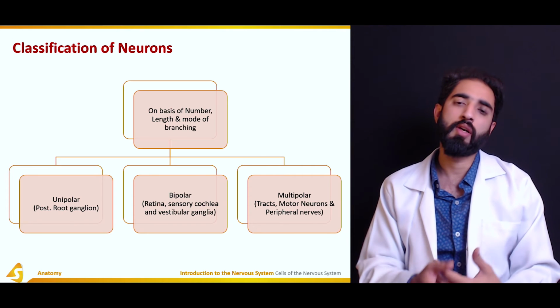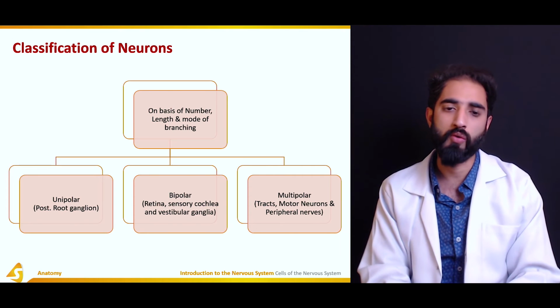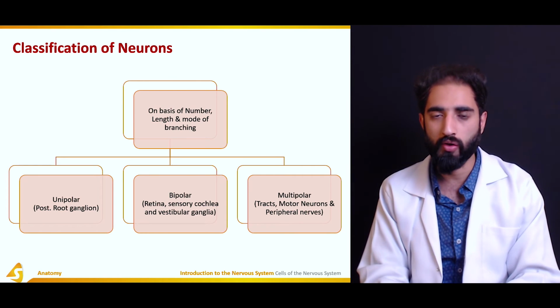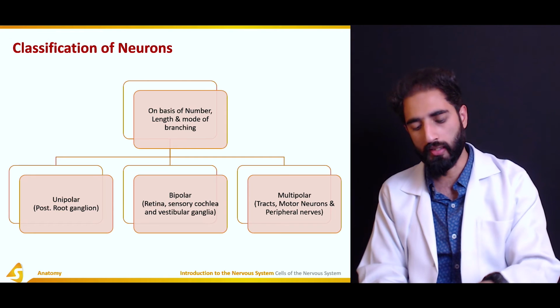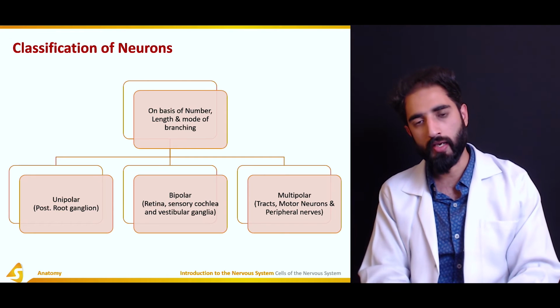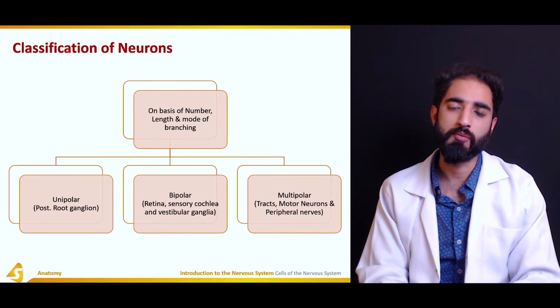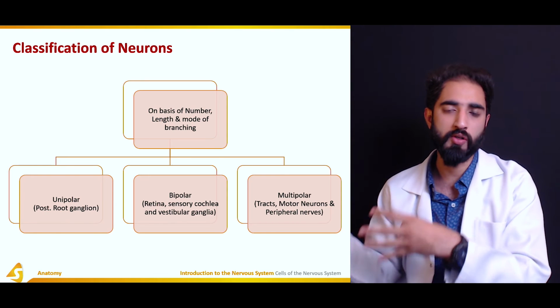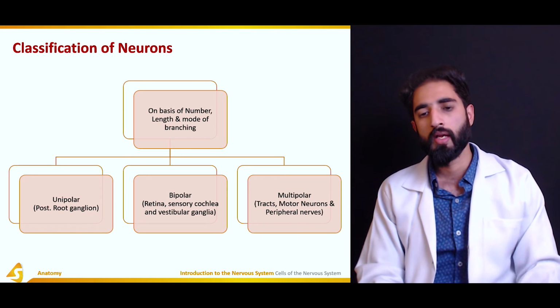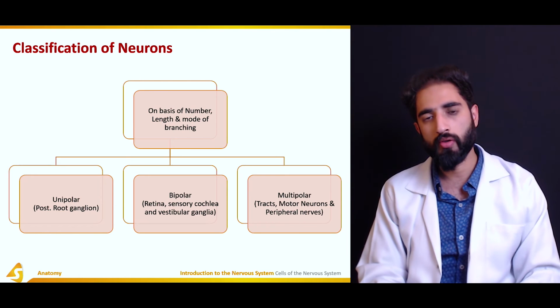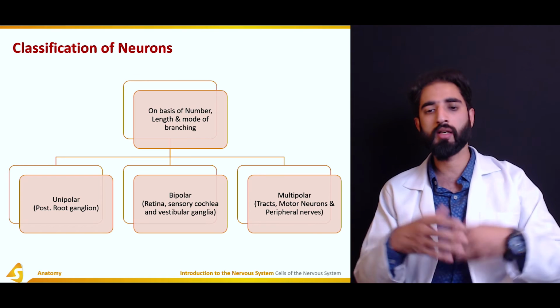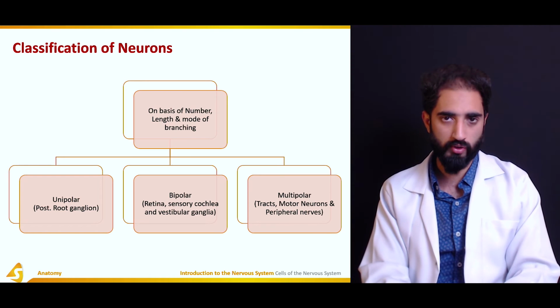An example of unipolar neurons can be found in the posterior root ganglion, which is the ganglion near the spinal cord, in which the sensory nerves are taking the messages from the periphery or the receptors to the spinal cord. The example of bipolar neurons can be observed in the retina, sensory cochlear and vestibular ganglia.